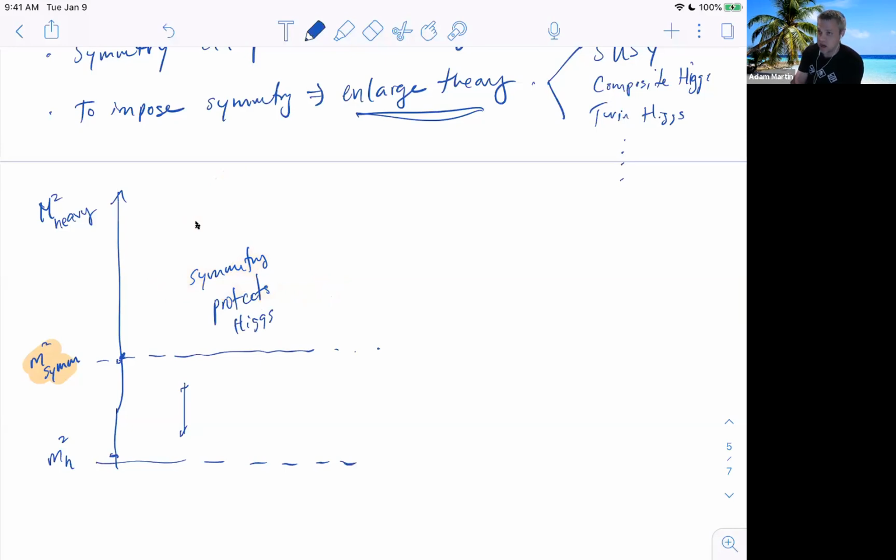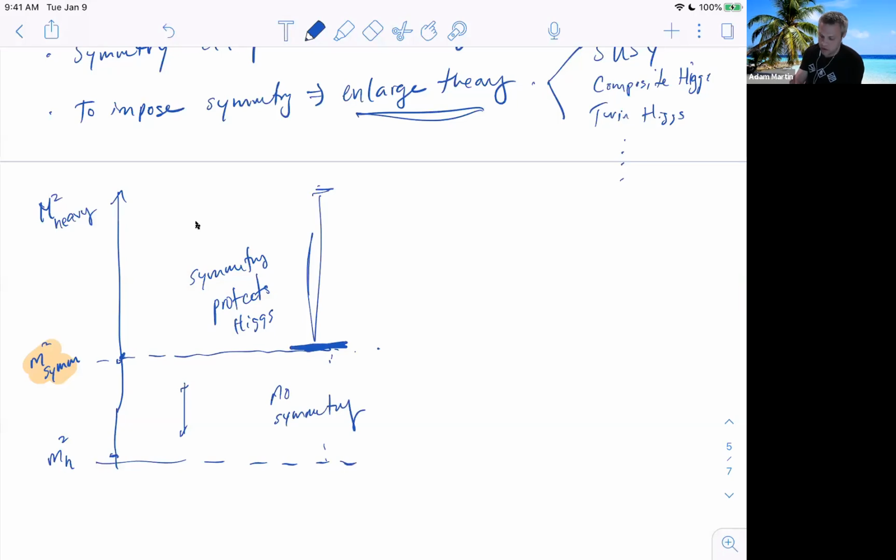So just like chiral symmetry, there are no big corrections to the mass coming from any physics above this scale. Instead, we do have this gap here. There's no symmetry here, which means there's nothing left to protect the mass of the Higgs.